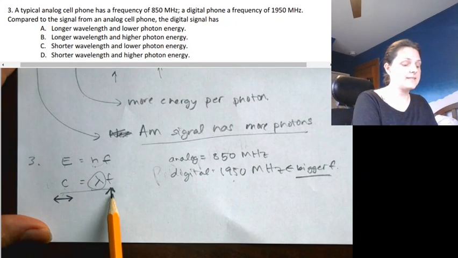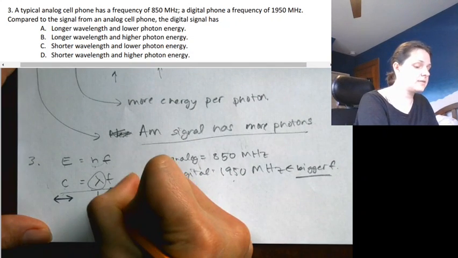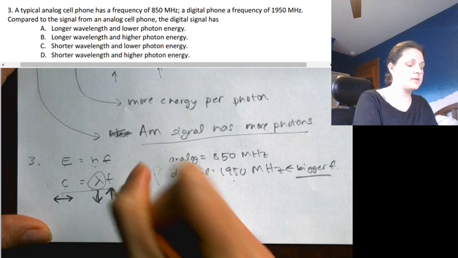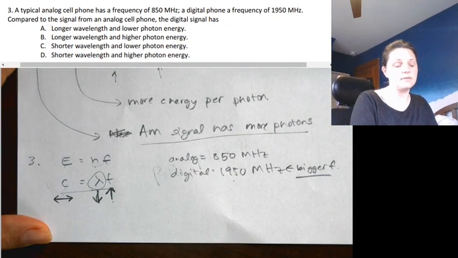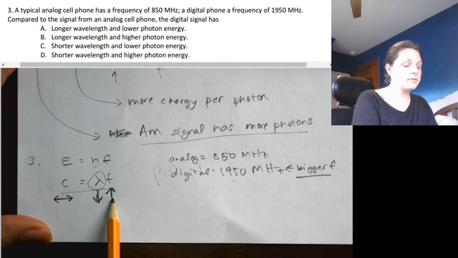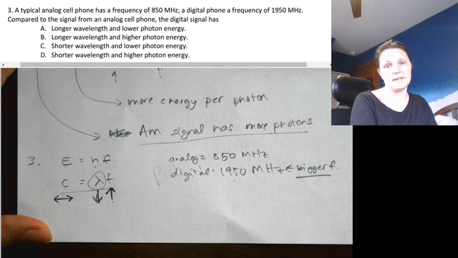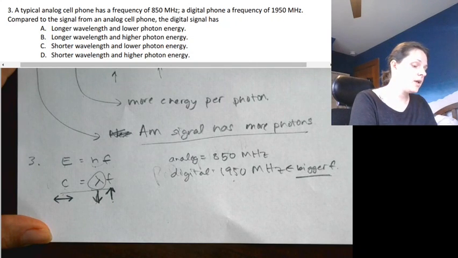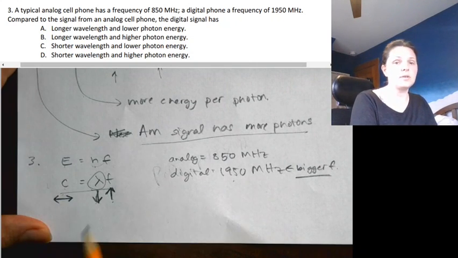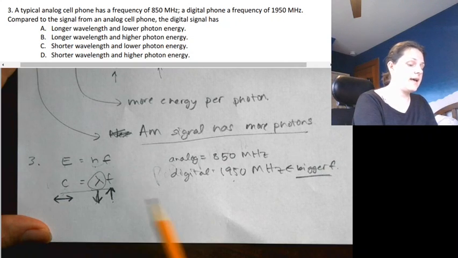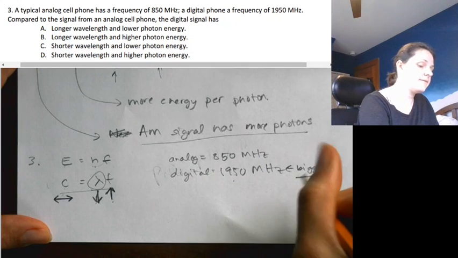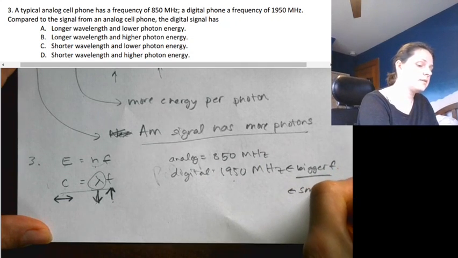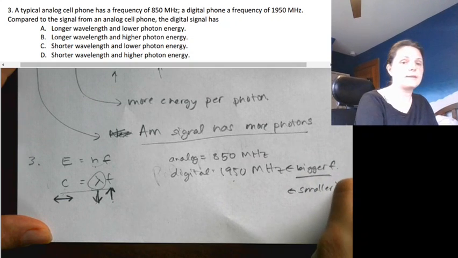If F has to go up, then lambda has to go down in order for them to both have the same speed of light. Bigger frequency, smaller wavelength, and I've already said that even in this video. So it must be true that the digital signal has bigger F, smaller wavelength.